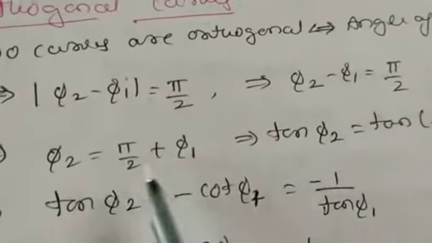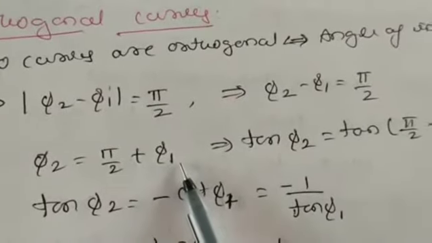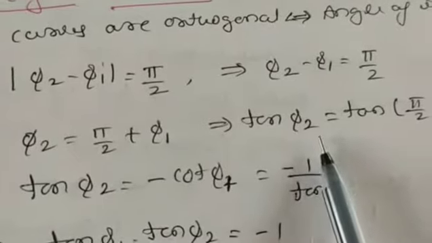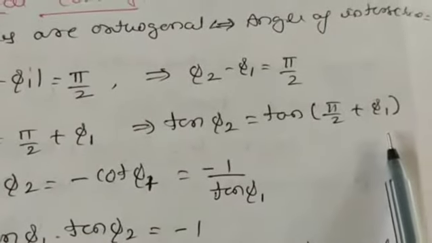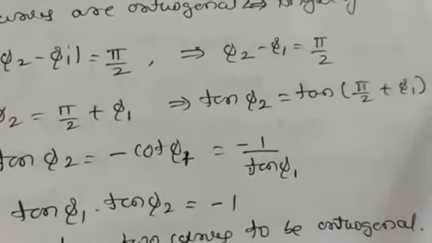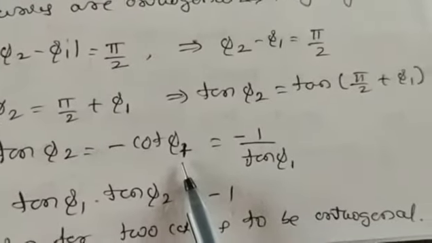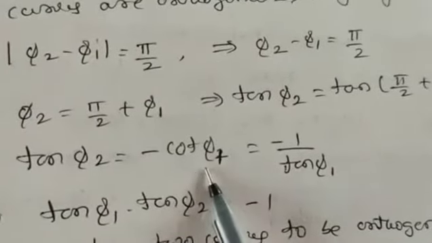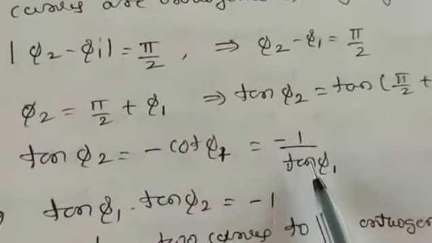Taking phi 1 to the other side, phi 2 is equal to 90 plus phi 1. Taking tan on both sides, tan phi 2 is equal to tan of pi by 2 plus phi 1. We know tan of 90 plus theta is minus cot theta, that is minus cot phi 1. So tan phi 2 is equal to minus cot phi 1. We know cot phi 1 is 1 by tan phi 1.